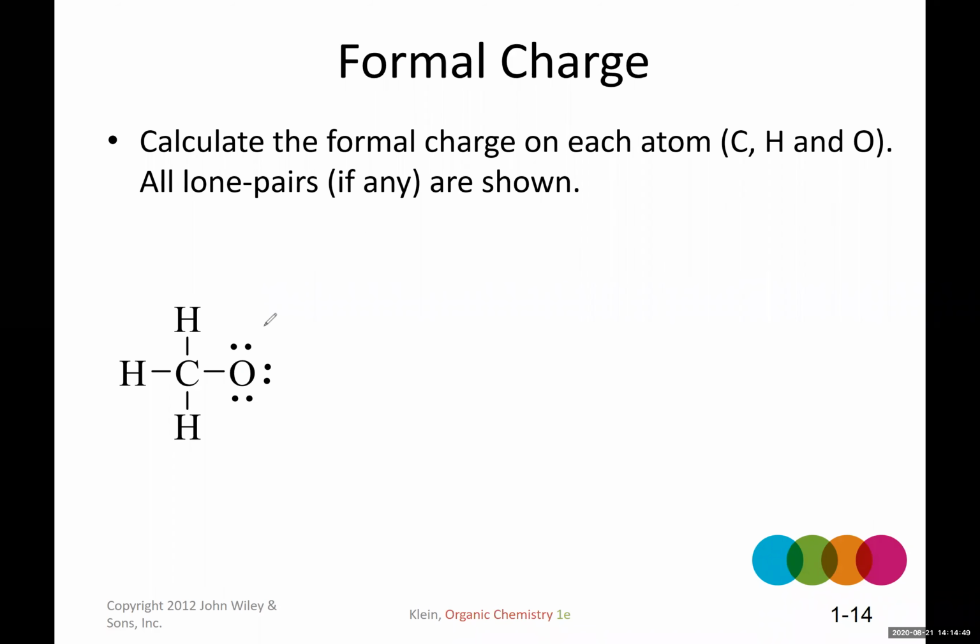We have 6 non-bonded electrons, and we have 1 bond. We have 6 minus 6 minus 1 is -1. You see this oxygen, of course, as on the previous slide, carries a -1 charge.